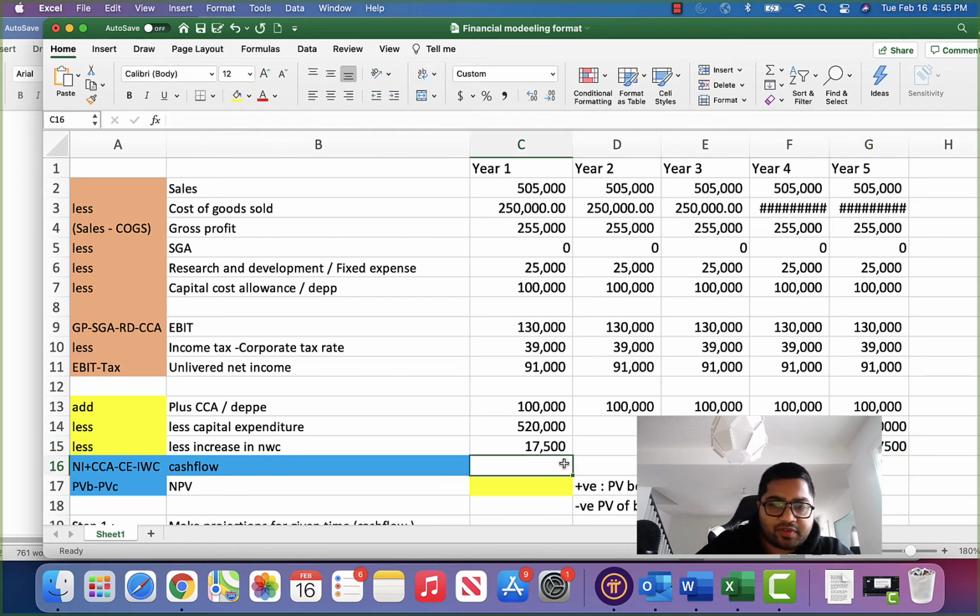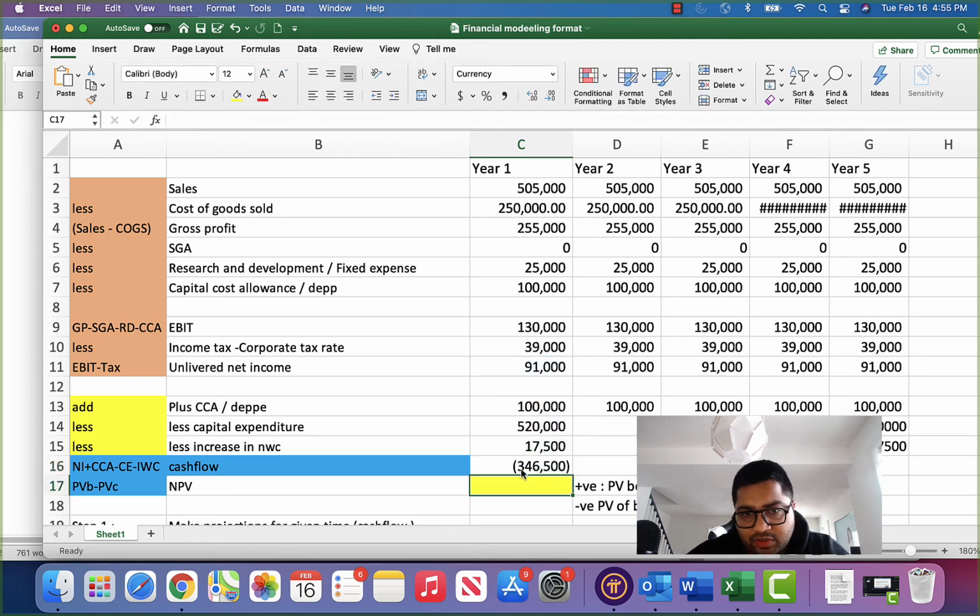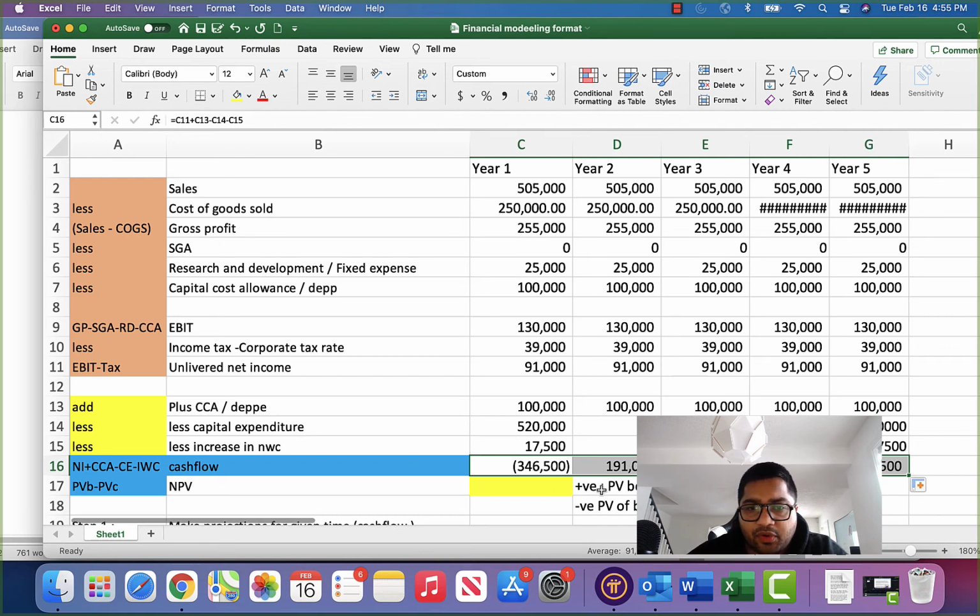So cash flows we can calculate: unlevered income plus CCA minus capital expenditure minus increase in working capital. So 346,500, and if you drag it out, you get the year 2, year 3, year 4, and year 5 cash flows.